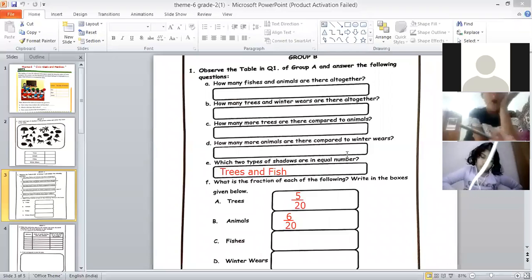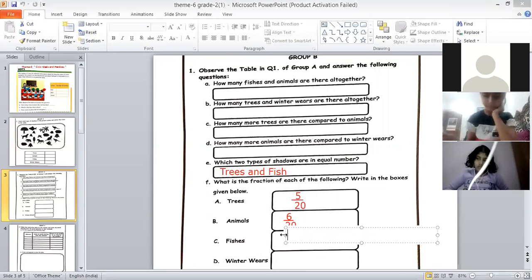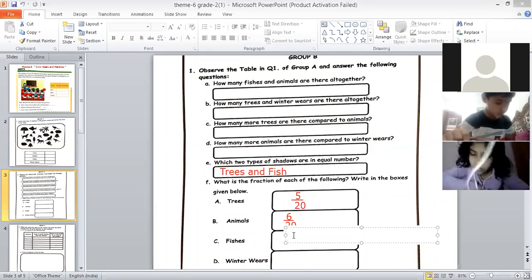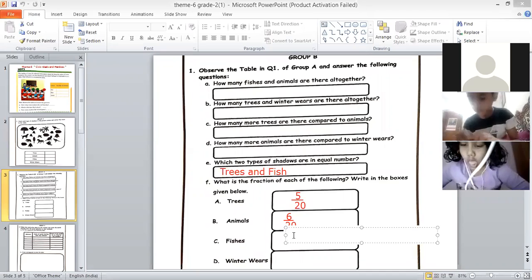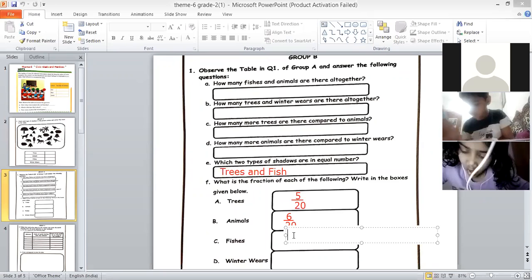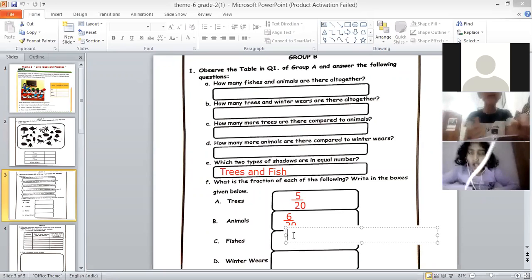Supratik, how many fish are there? Turn the page, Supratik, and tell me how many fish are there. Five, ma'am.